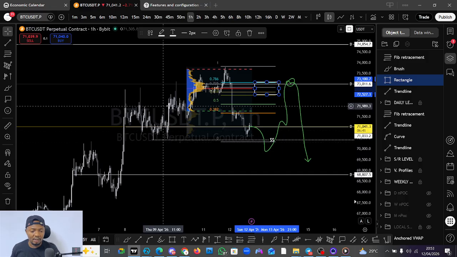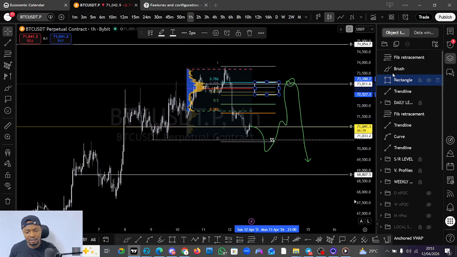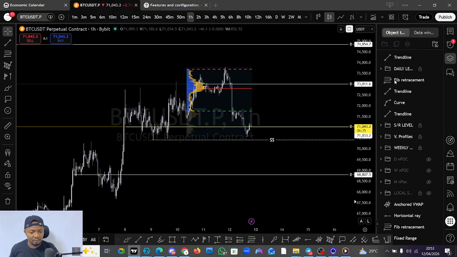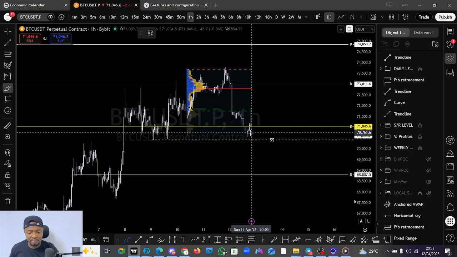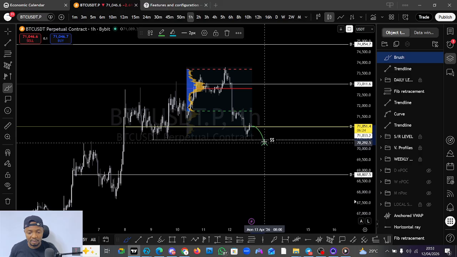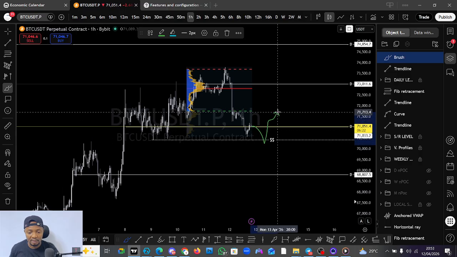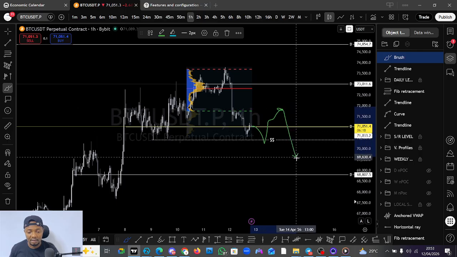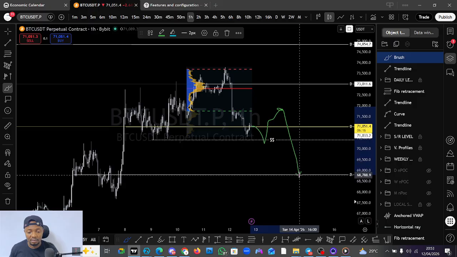That would be all. Then we could also have another scenario, something like this. Let me delete that. Okay. Then we could also have price do something like this, grab that liquidity, then backtest the value area low, and perhaps the downtrend continues.